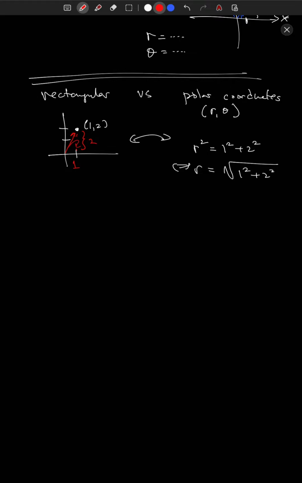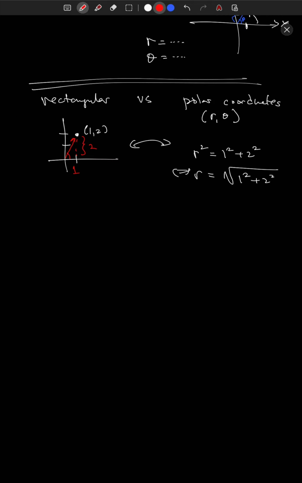And theta is right there, the angle with the x-axis. We can see that cosine theta is equal to adjacent over hypotenuse, 1 over square root 5, and sine theta is equal to opposite over hypotenuse, 2 over square root 5.